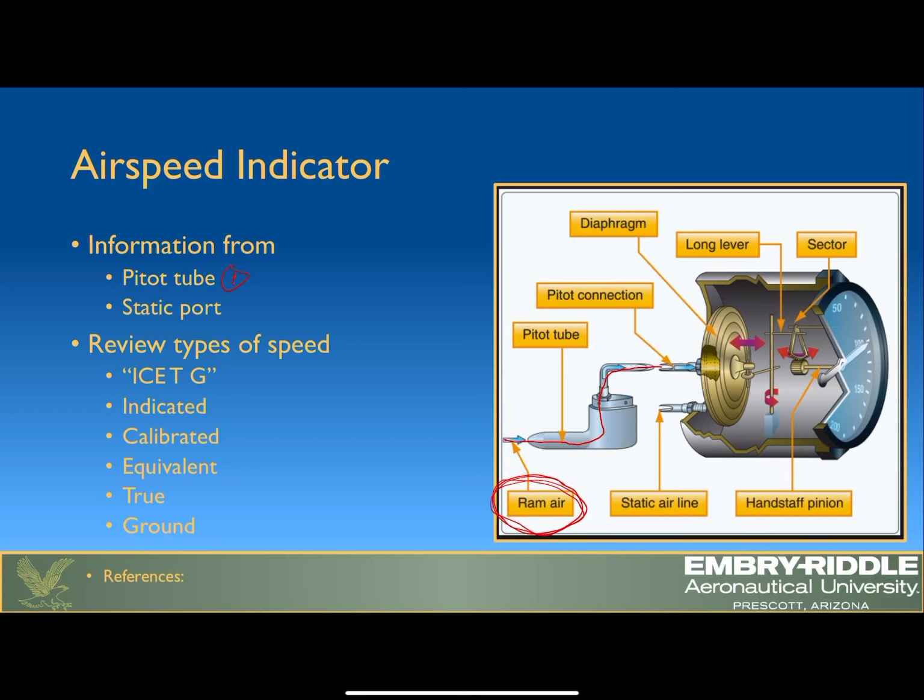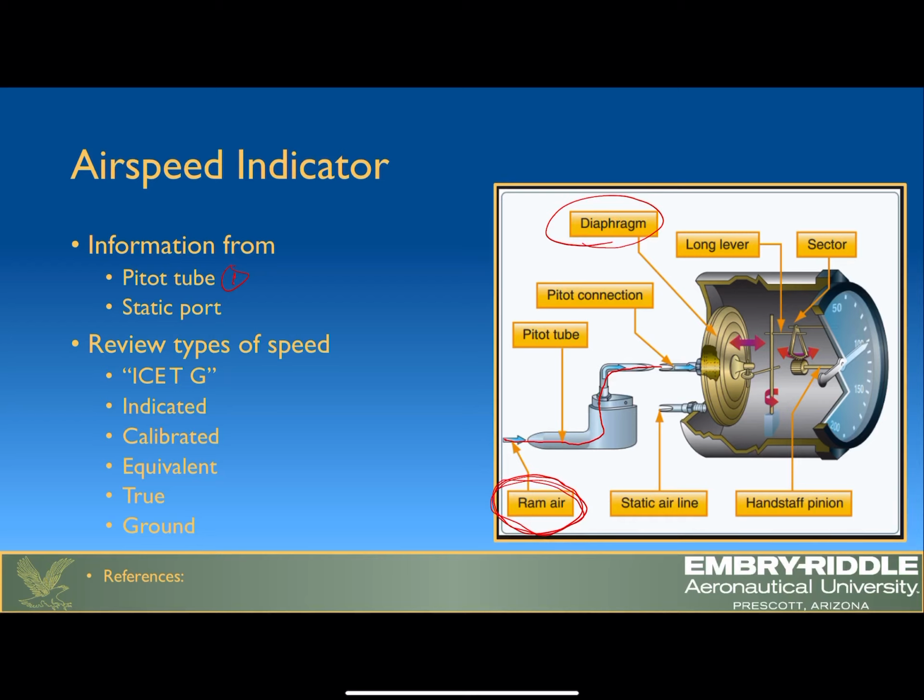And inside we have this diaphragm. The ram air directly fills that diaphragm. So think of when you blow up a balloon. The harder you blow air into the balloon, the more it's going to blow up. We're creating pressure inside the balloon by blowing ram air into it. The diaphragm inside the airspeed indicator works the same way.